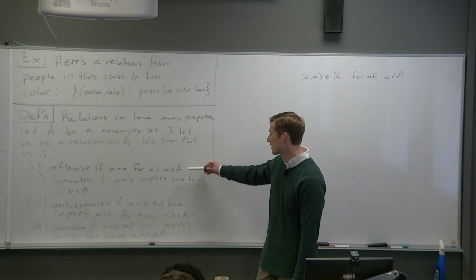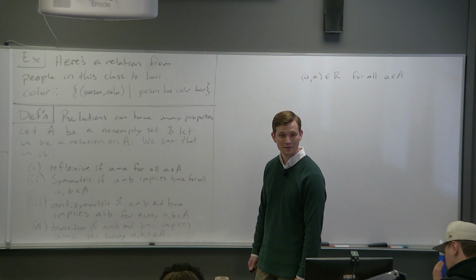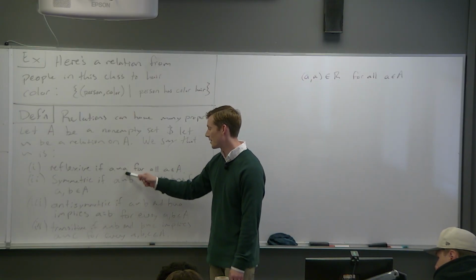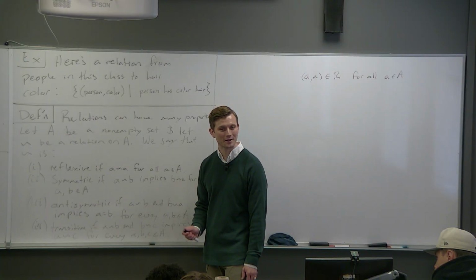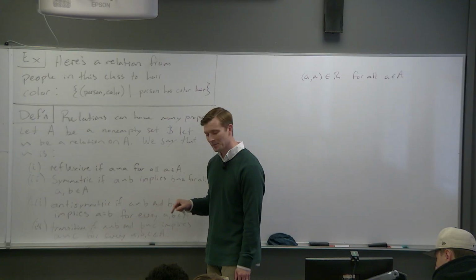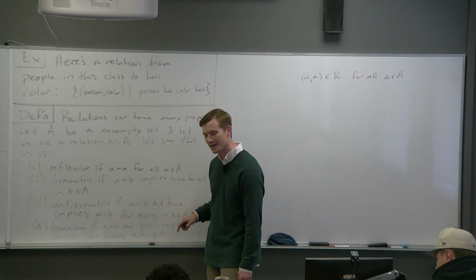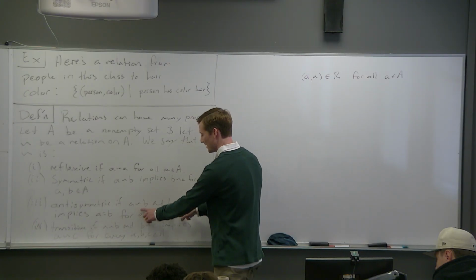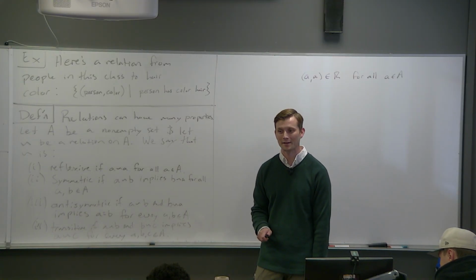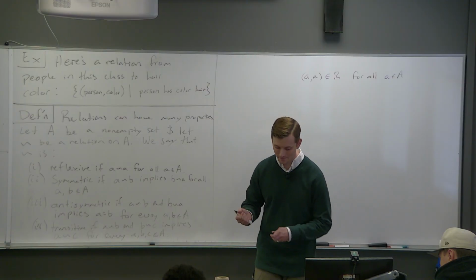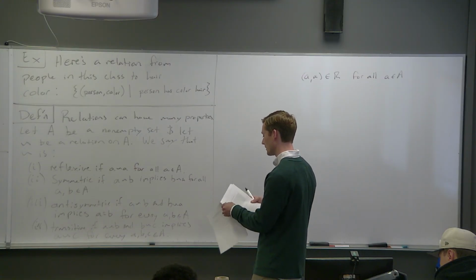You could have something that's not reflexive, where nothing is ever related to anything else, or to itself. Because of this, you could have antisymmetry. That is, the pair of conditions is never satisfied, and then it would vacuously be antisymmetric. So there's a whole lot of different properties that relations can have.